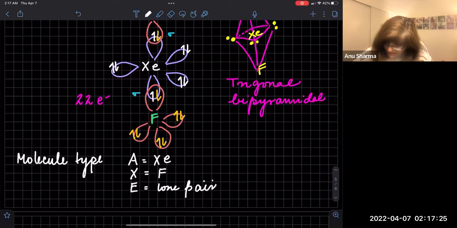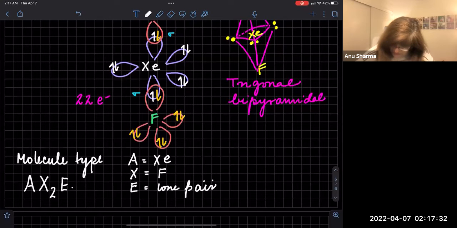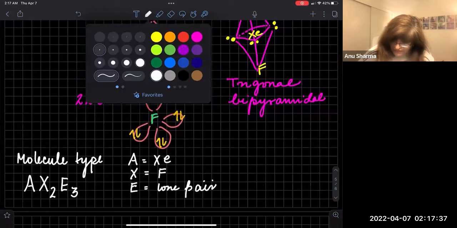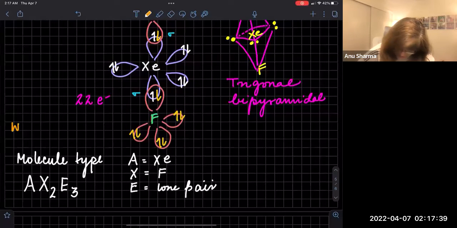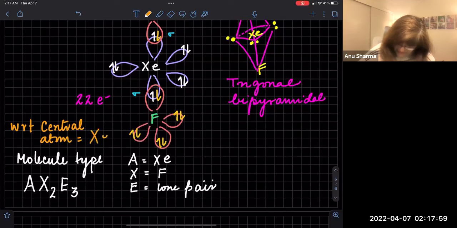So here it is AX2E3, 3 lone pairs. Molecule type is always, like we said, with respect to the central atom, and that central atom is xenon.